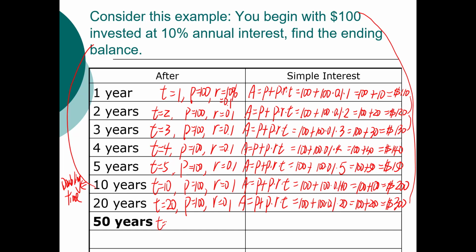So with time T equals 50 years, principal equals 100, and the same rate of 0.1, the ending balance equals principal plus principal times R times T, 100 plus 100 times 0.1 times 50. So we end up with 100 plus $500, that's $600. After 50 years, the money becomes 6 times as much as the initial investment.